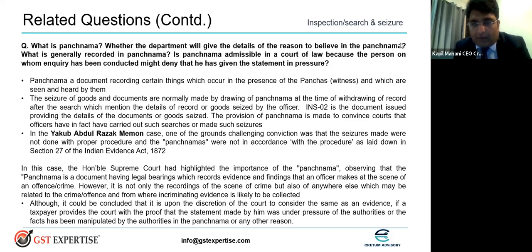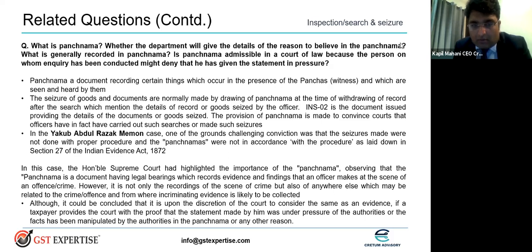The provision of Panchnama is made to convince courts that officers have in fact carried out such searches. In the case of Yakub Abdul Razak Memon, one of the grounds challenging the conviction was that the seizures were not done with the proper procedure, and the Panchnamas were not in accordance with the procedure laid down under Section 27 of the Indian Evidence Act.